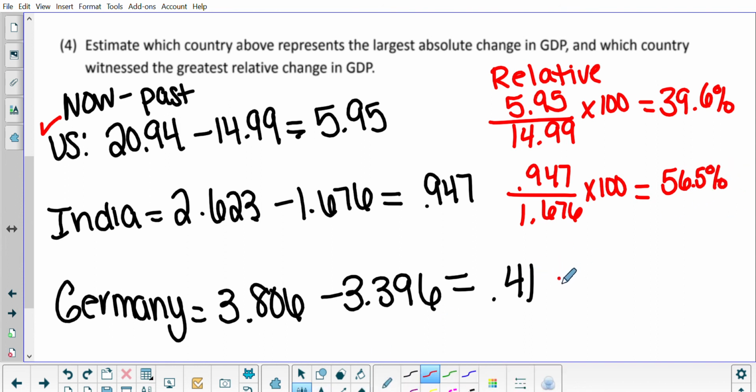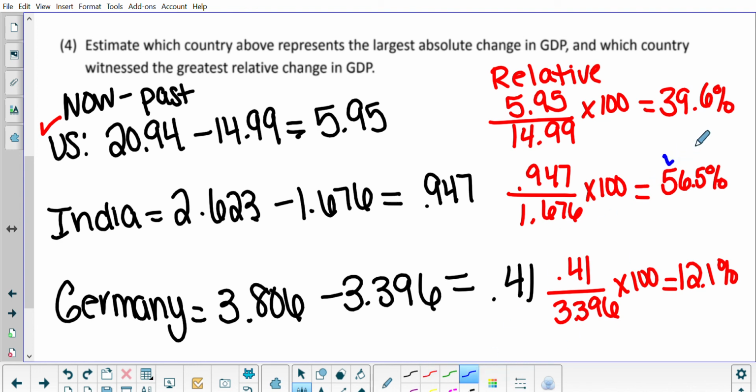And then 0.41 divided by 3.396 times 100, and we get 12.1%. Okay? So these are our relative change. And if we notice in this one, India was my greatest relative change.